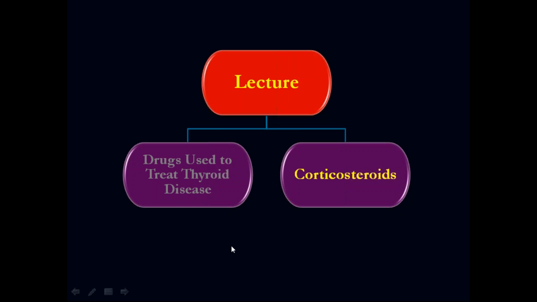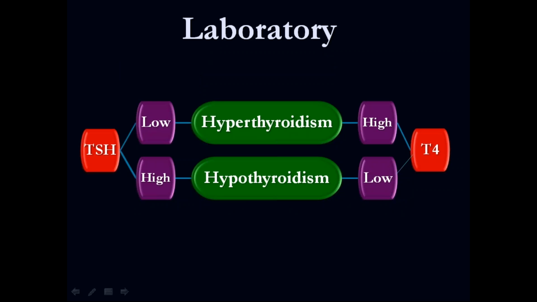So one thing before I finish with this portion of the thyroid, I just want to mention here: we have three levels, right? Number one level is going to be the thyroid gland. Second level, the pituitary gland. Third level is going to be the hypothalamus.